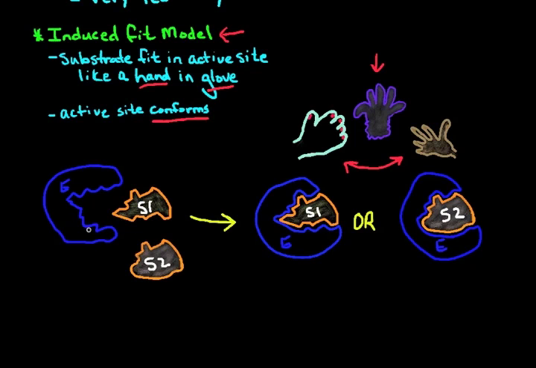So what this kind of floppy active site allows is the binding of different substrates that differ from each other. They can be different, and when they bind to this enzyme, the active site of that enzyme can close around, can conform to the shape of that substrate, regardless, within reason, of course, of the shape of that substrate.